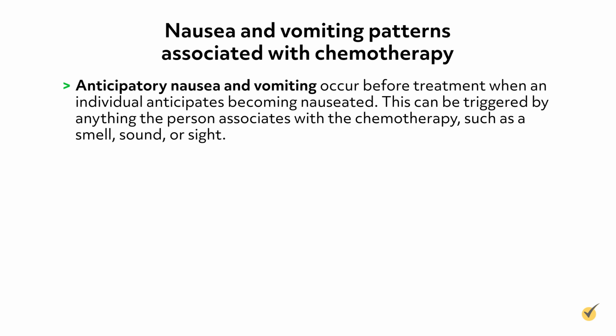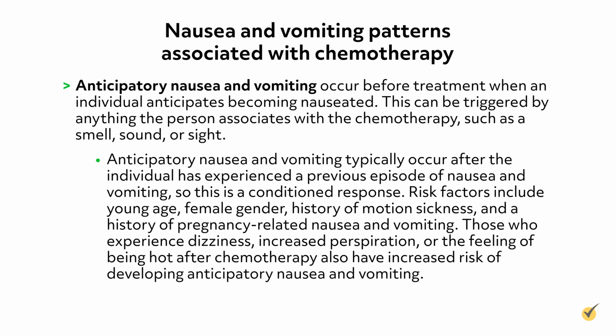Anticipatory nausea and vomiting occur before treatment when an individual anticipates becoming nauseated. This can be triggered by anything the person associates with the chemotherapy, such as a smell, a sound, or sight. Anticipatory nausea and vomiting typically occur after the individual has experienced a previous episode of nausea and vomiting, so this is a conditioned response.